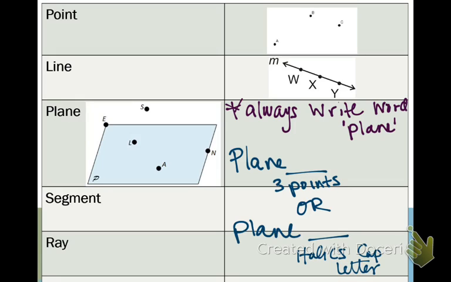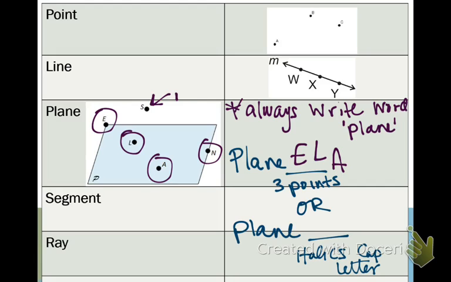So whenever you're naming a plane, normally you'll see them use 3 points. So you can use E-L-A, you could say L-A-N, but you can only use any combination of these 4 letters. S is not on the plane, so how can you name the plane with the letter S when it's not on the plane?